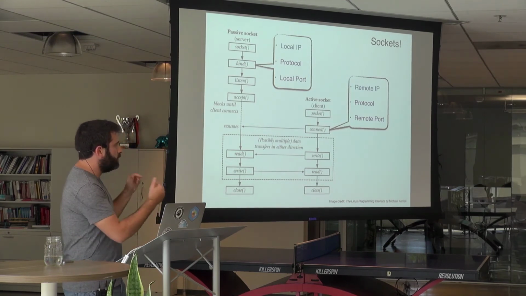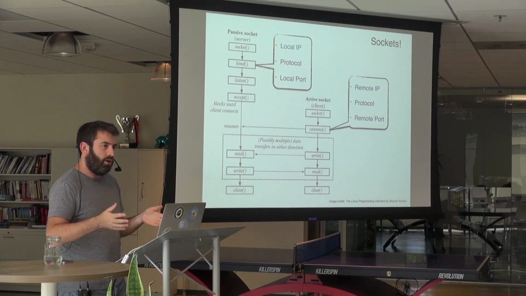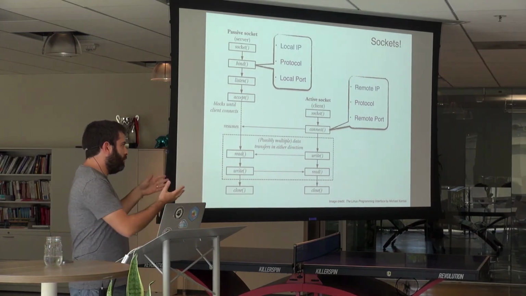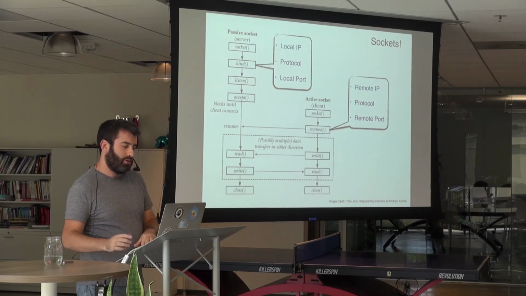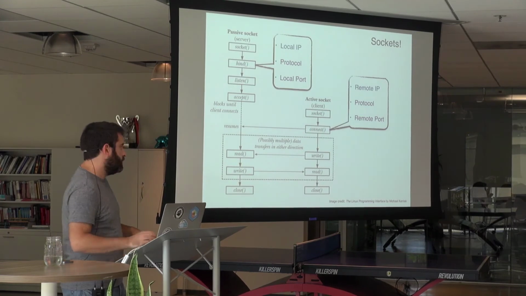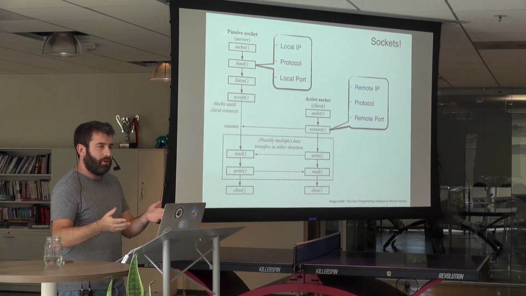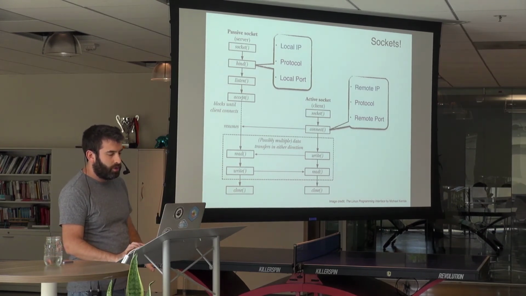Once the connection is established, each side just sees it like a file on the file system. They can read to it, they can write to it. And this is a great thing for programmers who are accustomed to reading and writing to files. They can read and write to networking sockets the same way. This is basically how we use networks today. This is how your language runtime uses networks today: it creates sockets under the hood for you.